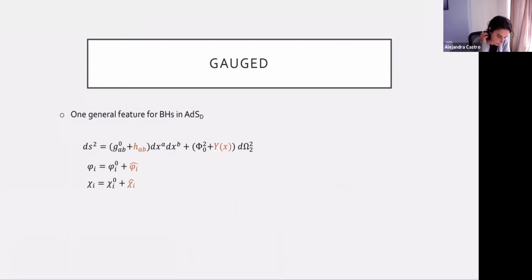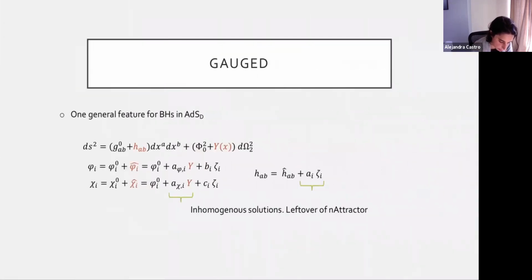And in the context of the discussion that I'm presenting today, one of the complications is that things mix. The cosmological constant in AdS4 introduces inhomogeneous terms between the fields, the moduli and this field Y. And also the metric enters, you have to treat it carefully. The metric is also coupling to these fields in a non-trivial way. So as you build the spectrum of operators, you have to disentangle all of these things.